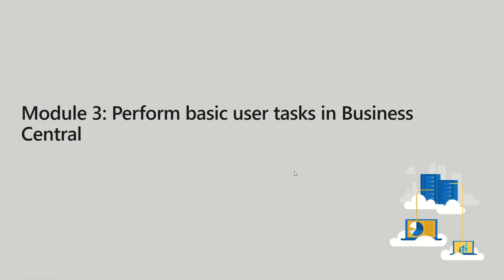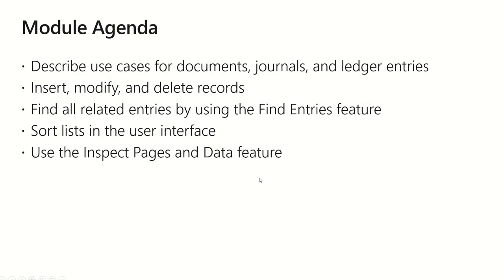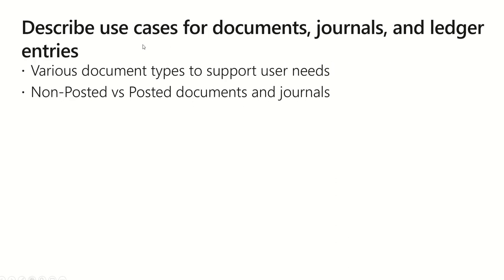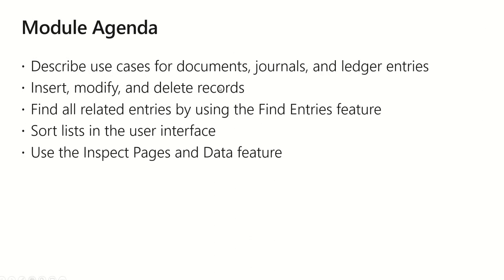Okay, so let's take a look at module 3. Basic user tasks. Usually you create the user, and after that the user can access your Dynamics 365 and they can manage, for example, journals, the ledger entries and the documents.